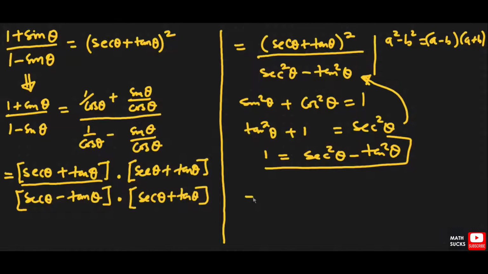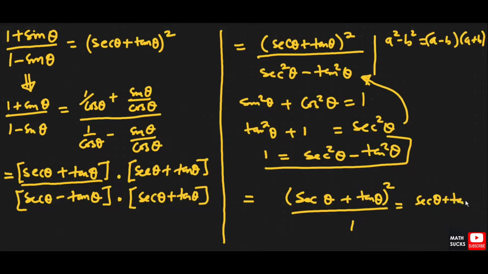And so basically this means that we have sec θ plus tan θ, everything squared over 1, which is basically what we needed, (sec θ plus tan θ) squared. And so this is how we can verify this identity.